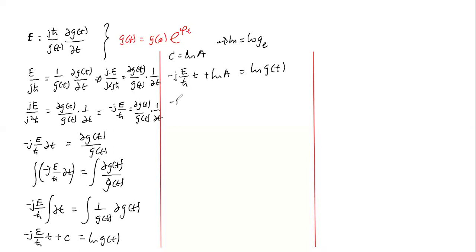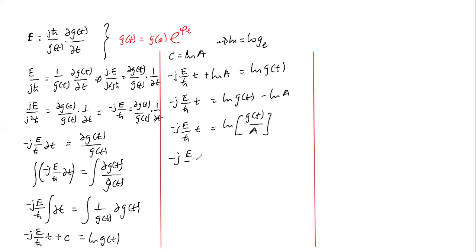So this is going to give us -jE over ħ t, which is the same as ln g(t) minus ln A. And this will give us -jE over ħ t, which is the same as ln of g(t) divided by A. So now this is the same as saying -jE over ħ t is the same as log to base e of g(t) over A, right?